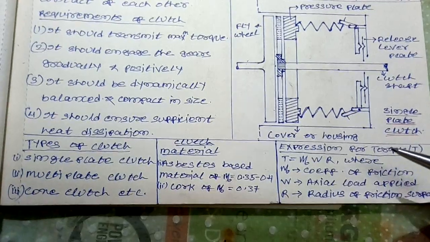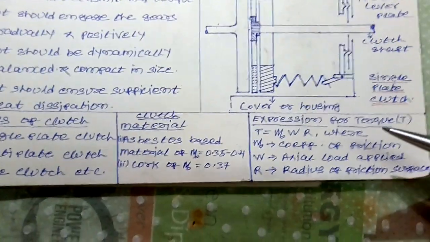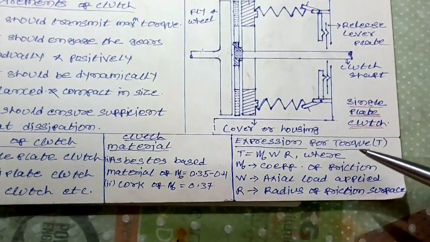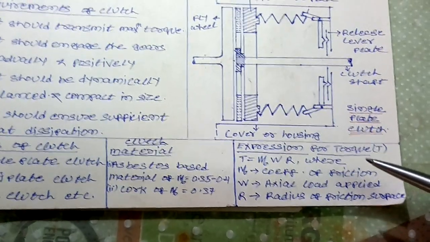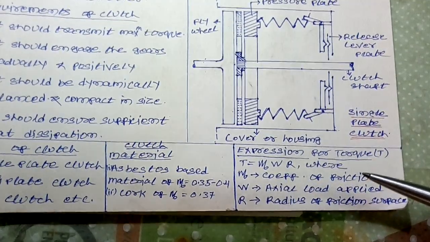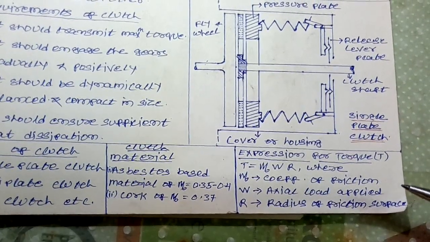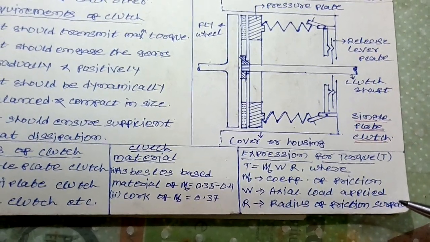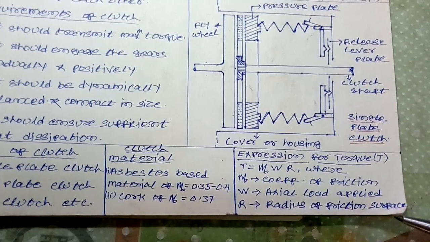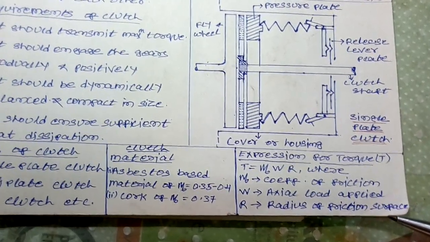Next, the expression for torque. A clutch is used for transmitting torque, and the expression for torque is given by the relation T = mu W R, where mu is the coefficient of friction, W is the axial load applied, and R is the radius of the frictional surface.